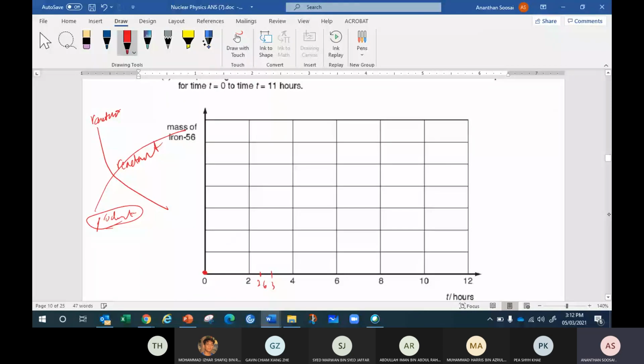So we go 0.2, 0.4, 0.6, 0.8, 1.0, 1.2, 1.4. So 0 is going to rise by how much in 2.6? By half of the max. Oh wait, product.